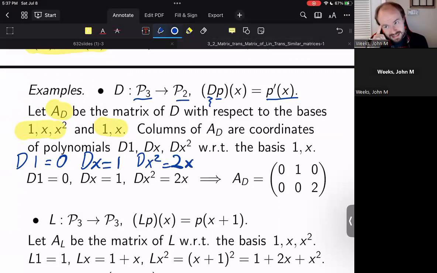So first, let's think real quick. How do we write coordinates for each of these functions that we have? Remember that we're now going to be writing them with respect to our new basis. For example, 0 is going to be just a two-dimensional vector, 0, 0, because that's where we're ending up. We end up in the polynomials of degree 2 or less.